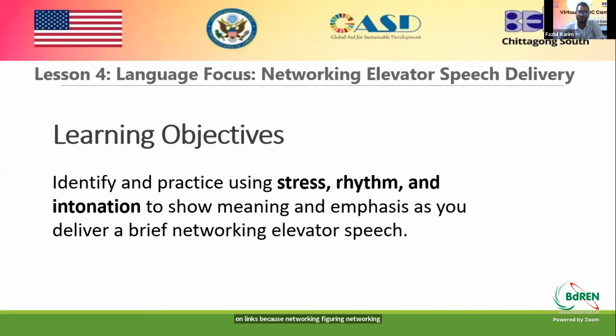A networking elevator speech is a professional speech in an occasional program, for example in a marriage ceremony or other get-togethers.